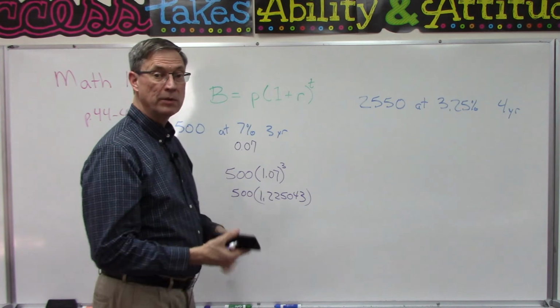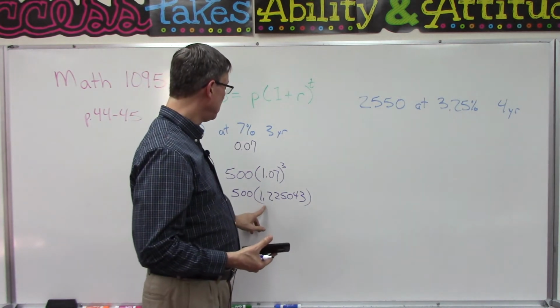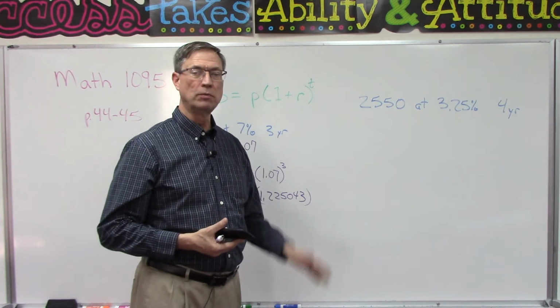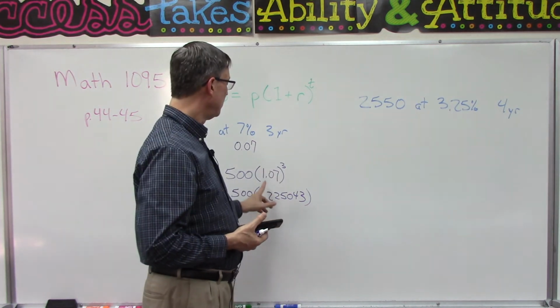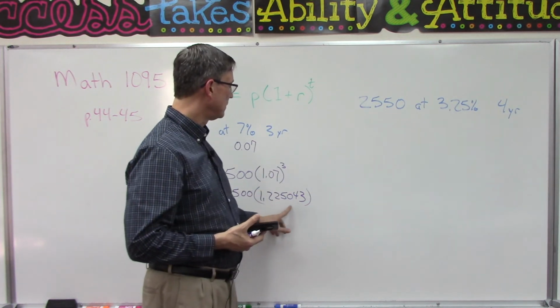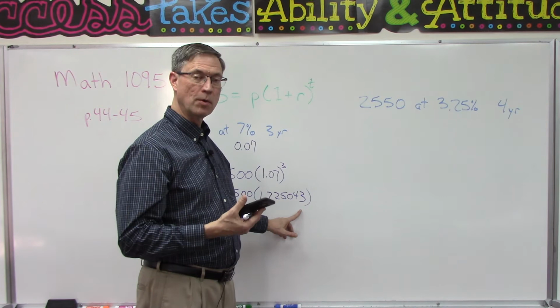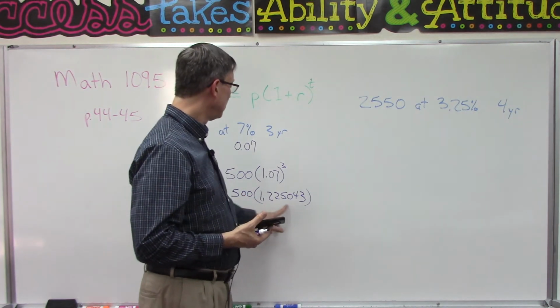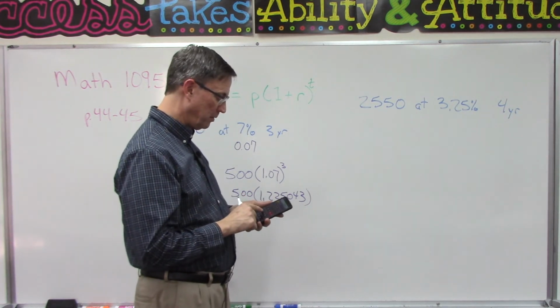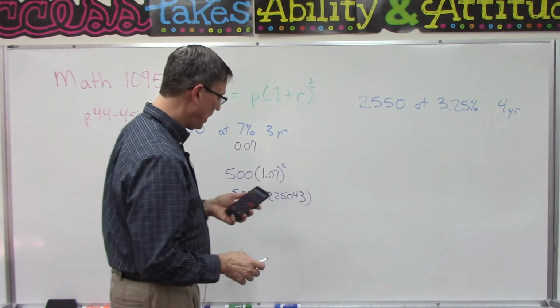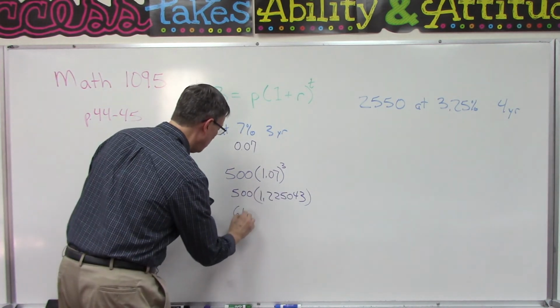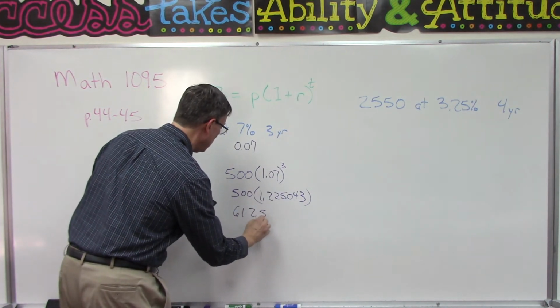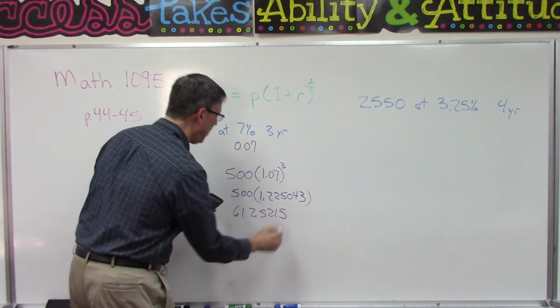Now don't go rounding this off, okay? You might be tempted to say, oh, I can round that off to 1.2. No. All right, this is very important that we carry this out as far as the calculator will let it go. And now we'll take that big number times 500, and I get 612.5215.